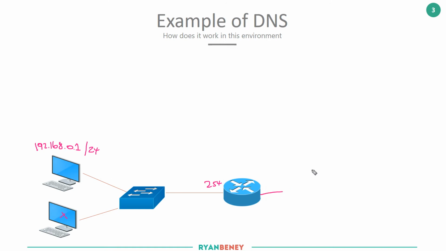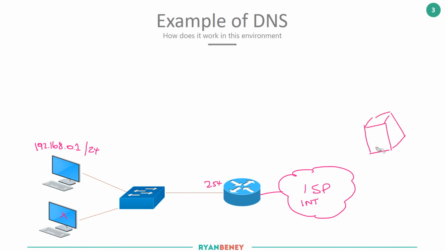Let's say the router uplinks to an ISP or to the internet, and out on the internet there's a server that we wish to communicate with. Let's say it has the IP address of 1.1.1.1. However, we don't know it as 1.1.1.1. We know it as a URL, a uniform resource locator, or a name of a website.